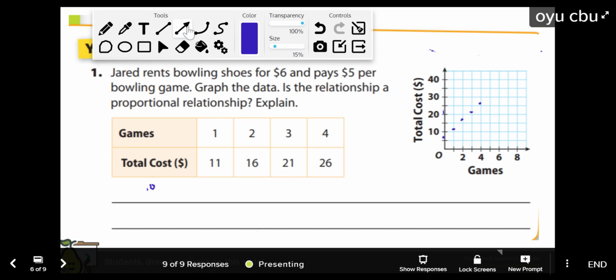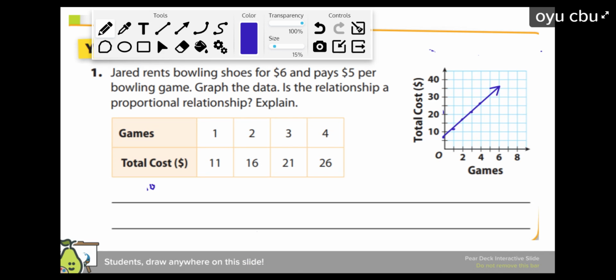Now, if I put my line, that's my straight line. Is it proportional? Is it going through 0, 0? No. Is it a straight line? Yes. But even if it's a straight line, if the answer is no to one of those questions, then it is not proportional.